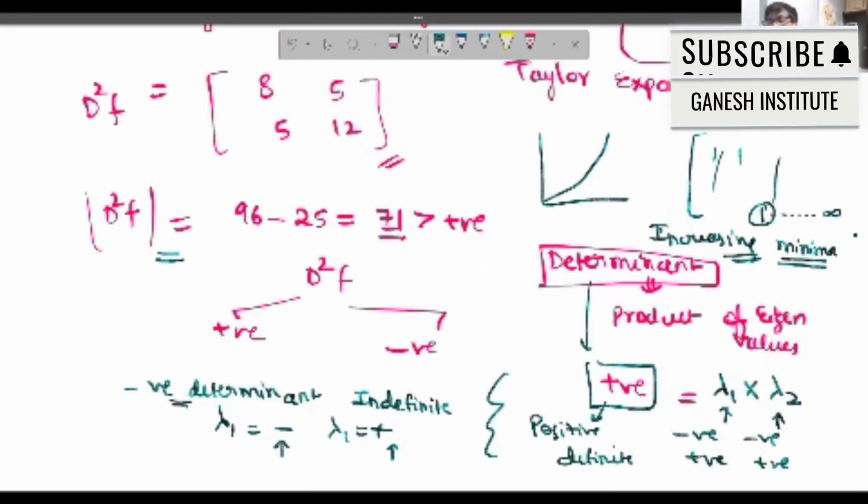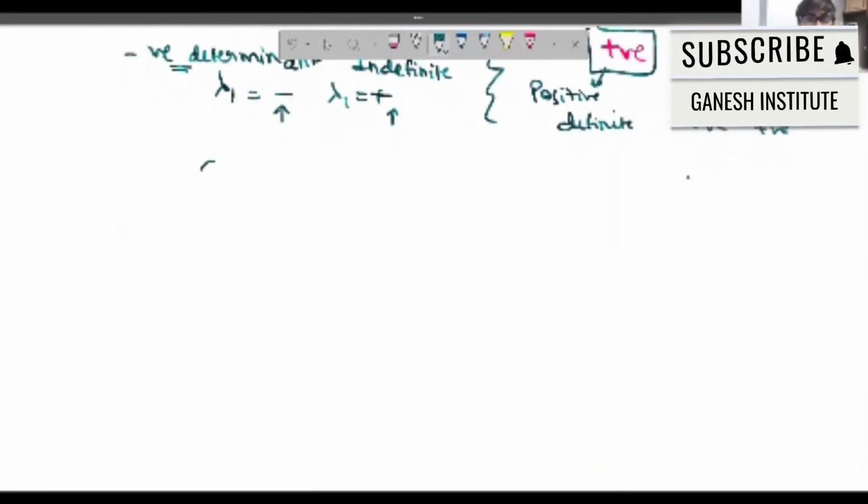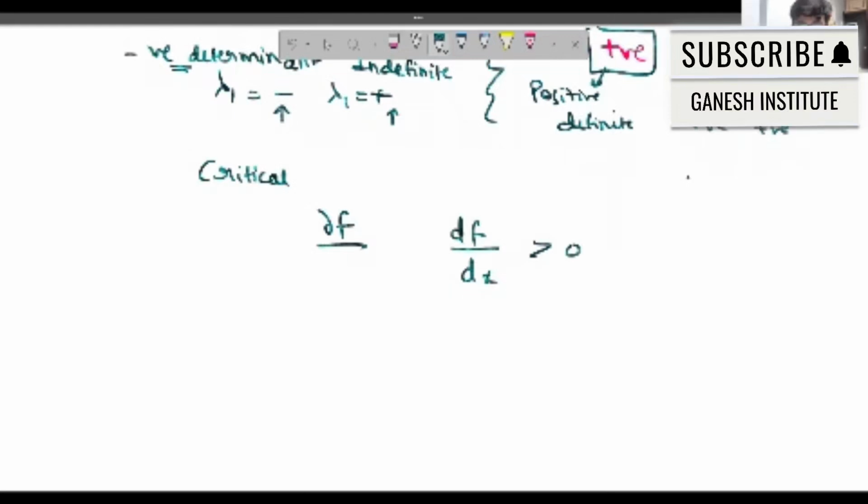Ma'am, but... I got you. You might be thinking that when we find out critical points or saddle points, for the first order derivative, if I'm finding df by dx and it is positive, then I say that it is maxima, right? The first order can be positive and thus an increasing function, and then if you substitute the critical value, you could have a maxima with that.